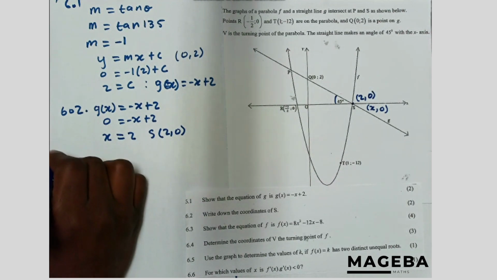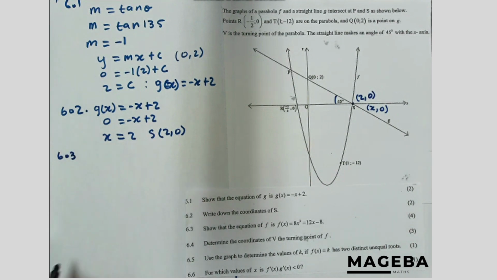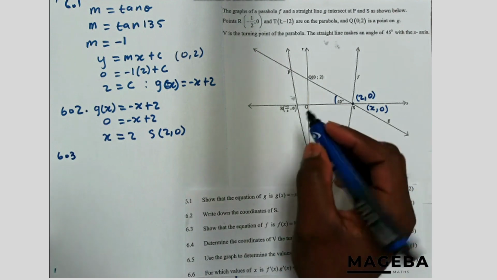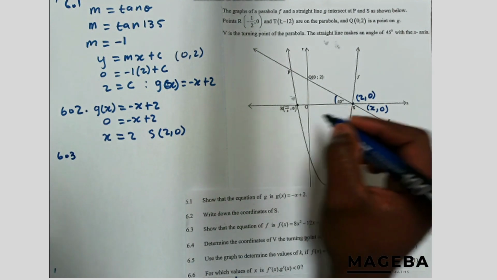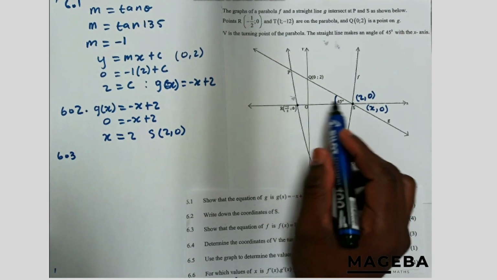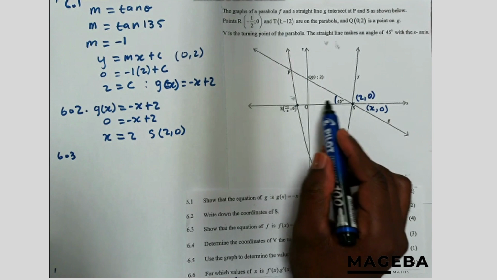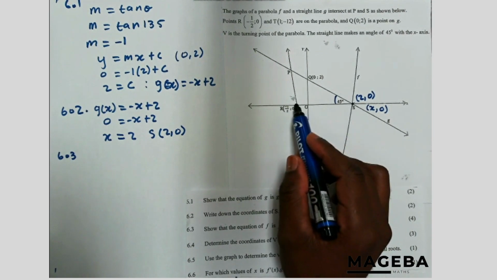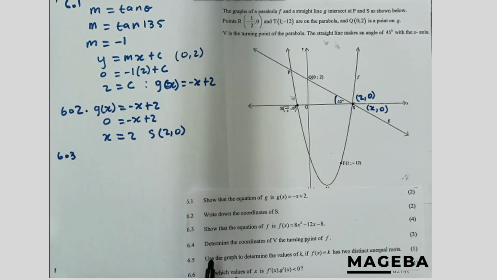Now 6.3 says show that the equation of f, which is our parabola, is equal to 8x squared minus 12x minus 8. In this graph we have this point here, the point here, and the point in the graph. What do we call these points? The x-intercepts of our graph.